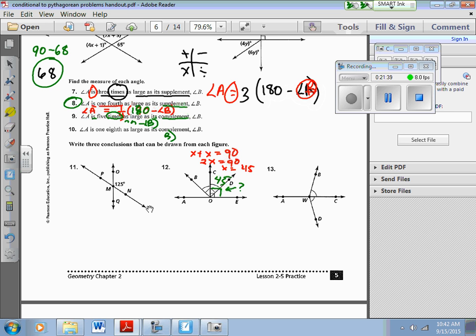So Evan, on number 13, do you notice anything? Go ahead, Evan, what do you notice? The little arches. They both only have one arch each.